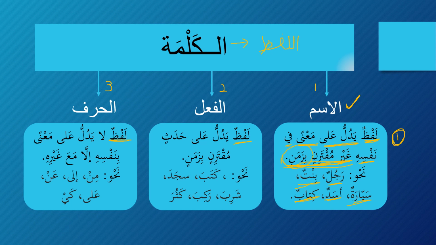Like ismu can be defined as huwa kullu lafzin yadullu ala insanin aw hayawanin aw nabatin aw jamadin aw sifatin aw ayyi shay'in akhar. That is, all the words that are referring to what?